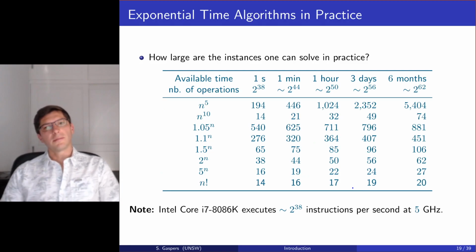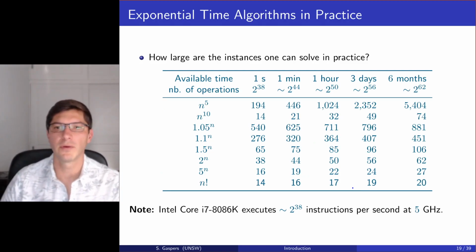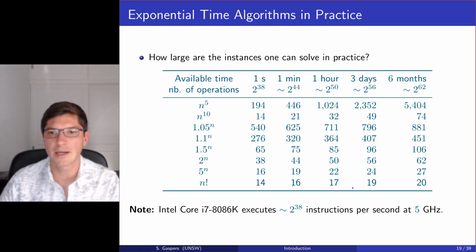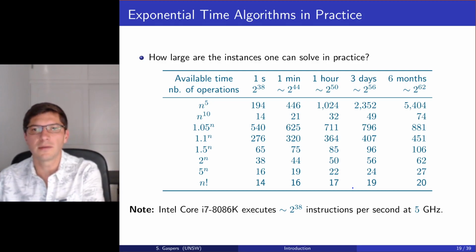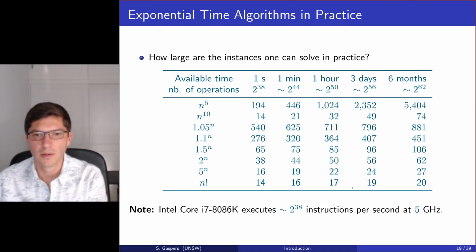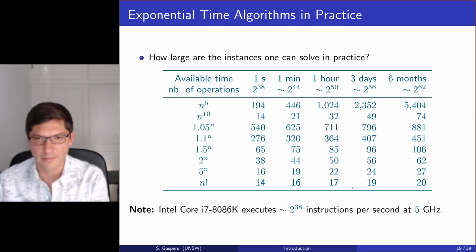Okay, so what does it mean in practice? Can we actually solve instances of a certain size within a reasonable amount of time? So what I did here is that I took a processor that executes 2 to the 38 instructions per second, more or less.